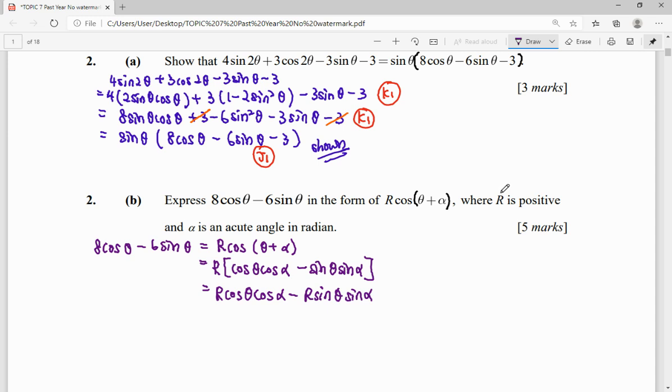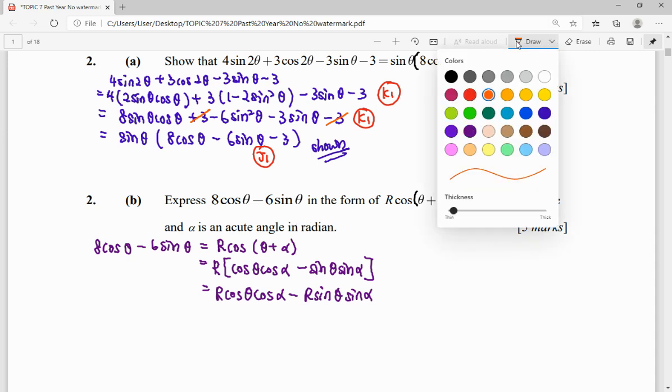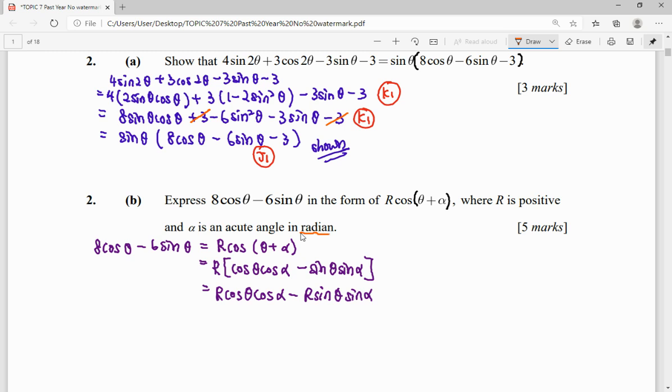So bear in mind the question here, they say R is a positive value and alpha is an acute angle in radian. So we have to put our calculator in the mode of radian.